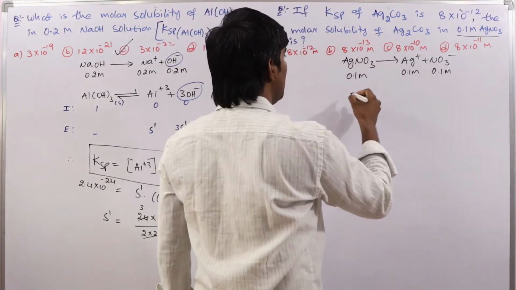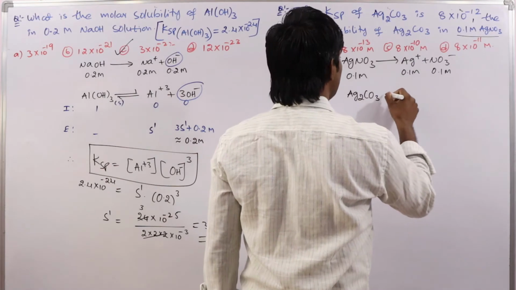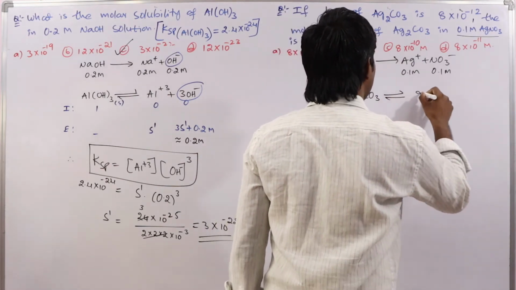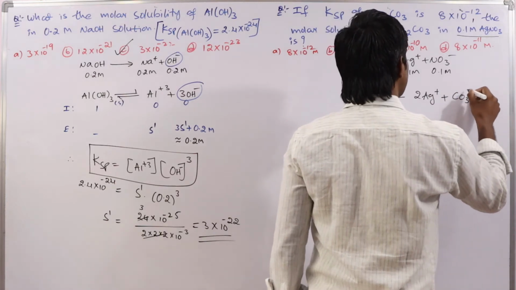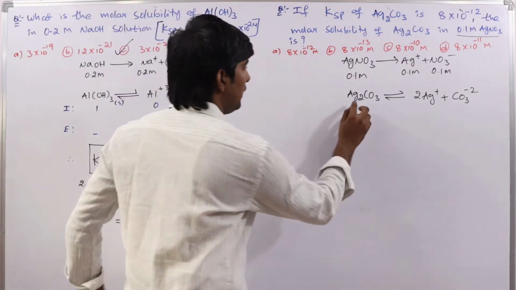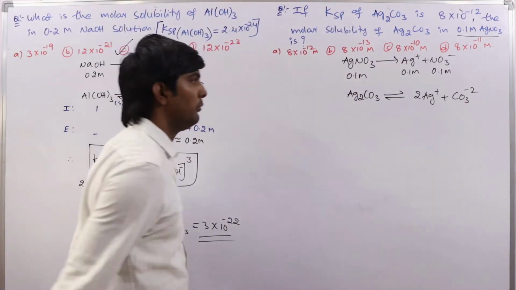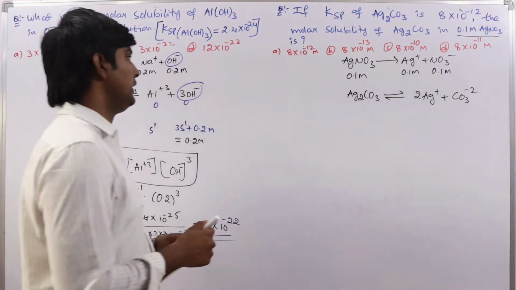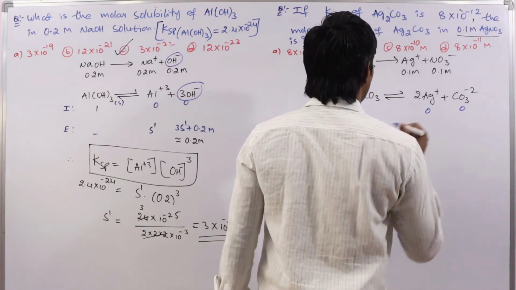Next, write the weak electrolyte dissociation, Ag2CO3. It will give 2Ag plus and CO3 2 minus. So now we have 2 silver ions, that's why 2Ag plus, and 1 carbonate ion is formed. So initially we are again assuming 1 molar, 0, 0.